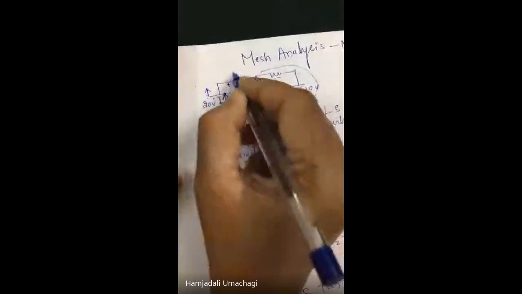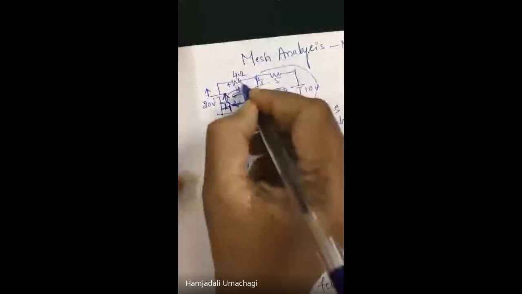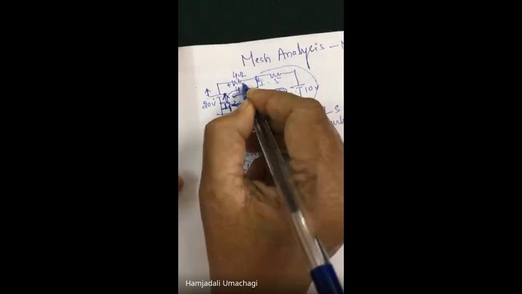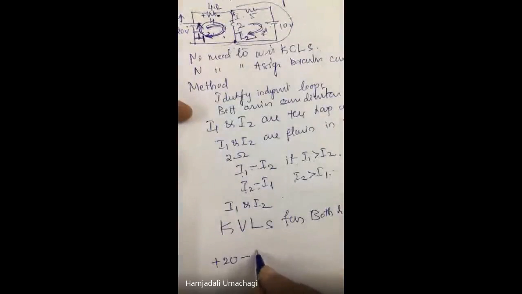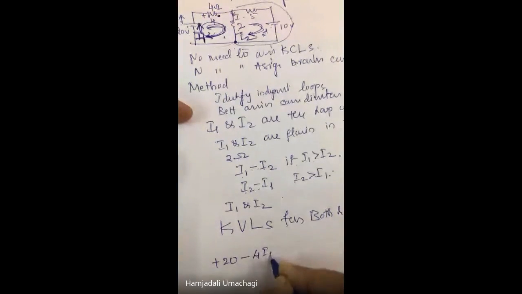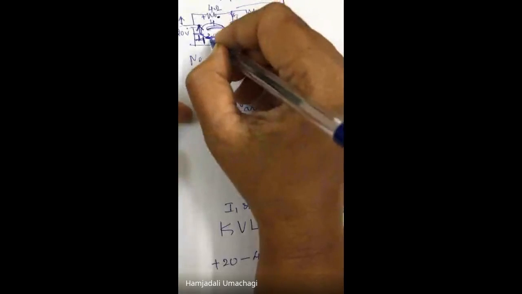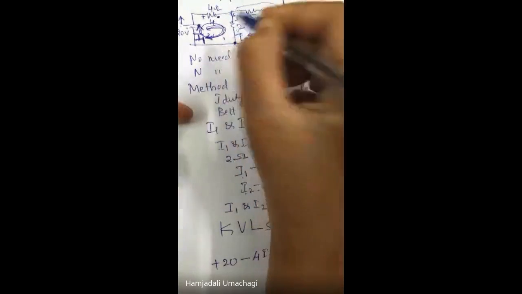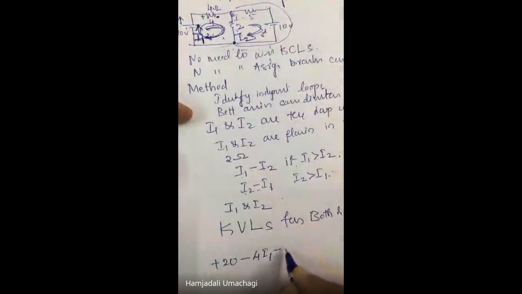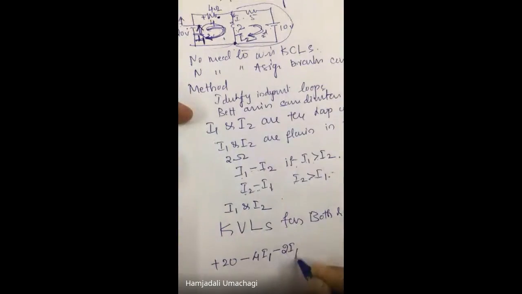Here, the loop current is entering the 4 ohm resistor and leaving it at this point. Thus, it is a drop in potential, that is 4I1. Similarly, I1 is also flowing in the 2 ohm resistor, which is also a drop in potential, 2I1.